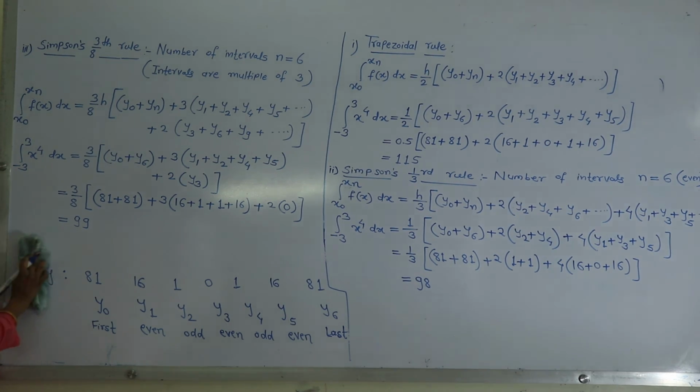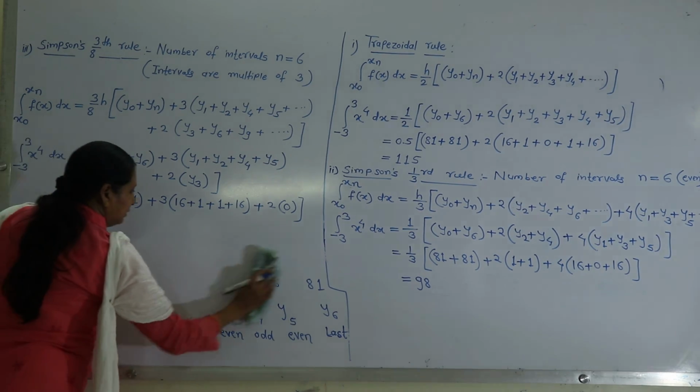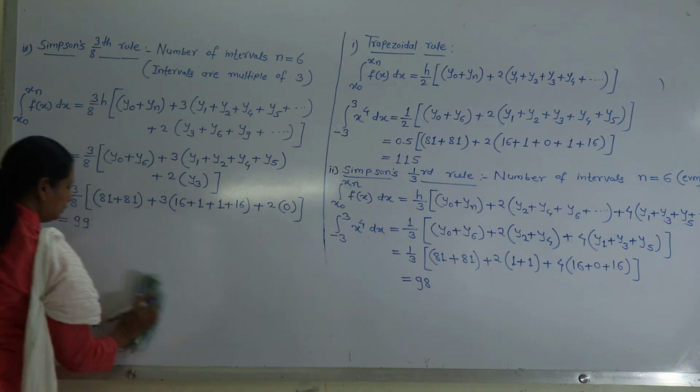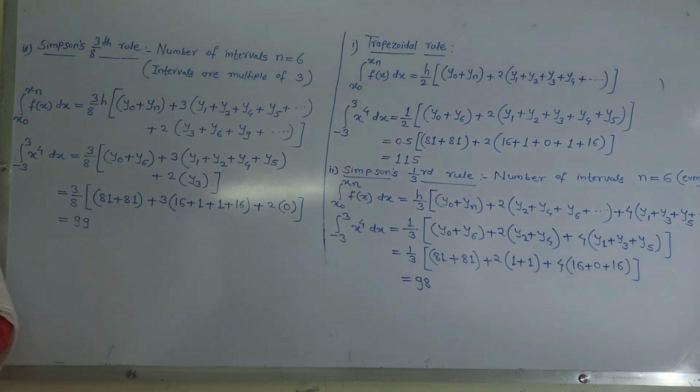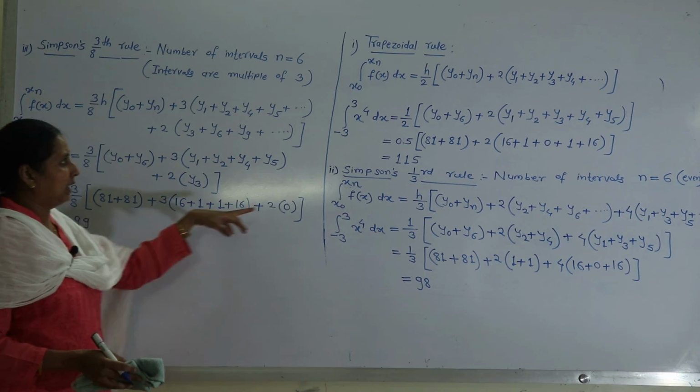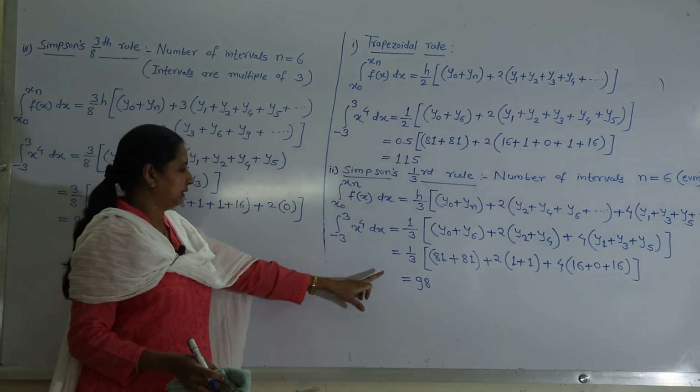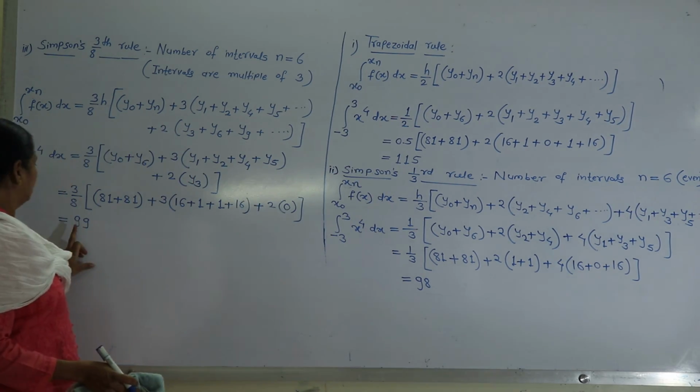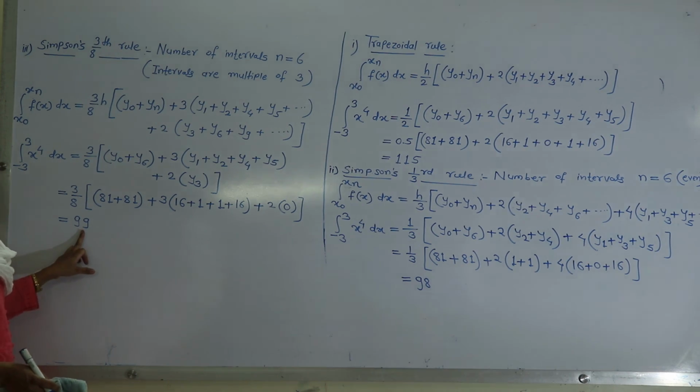In this way, we find the integration of x raised to 4 between minus 3 to plus 3 by using all these 3 rules. Now see, there is some difference between the answers of the trapezoidal rule, 1/3 rule, and 3/8 rule.